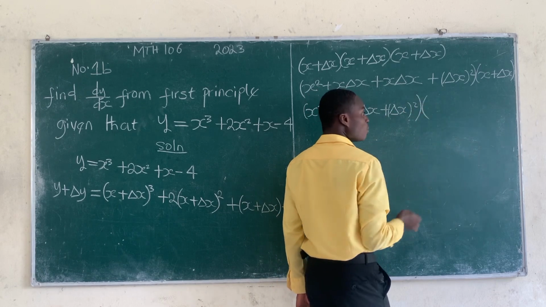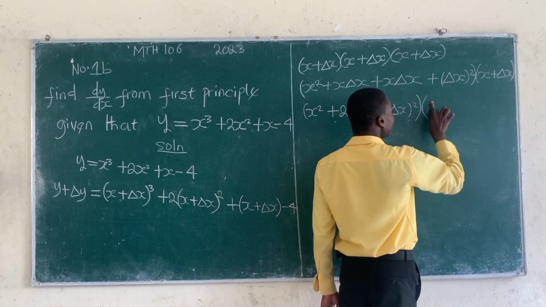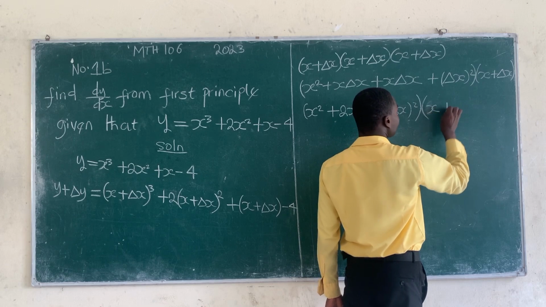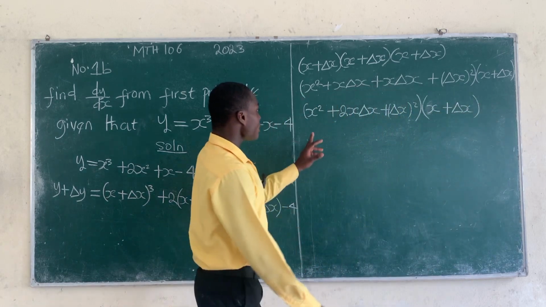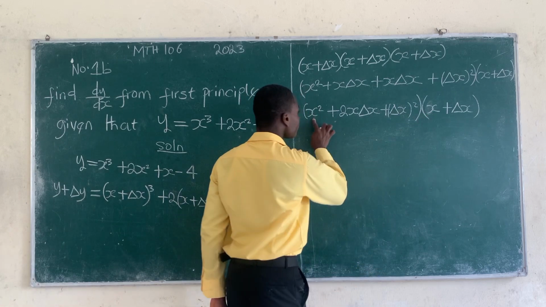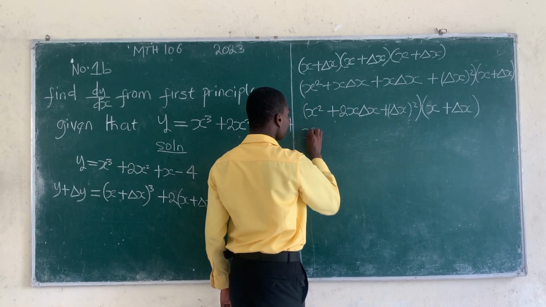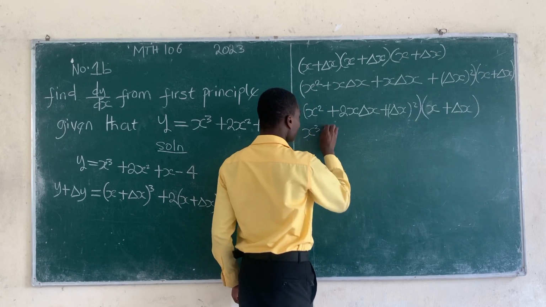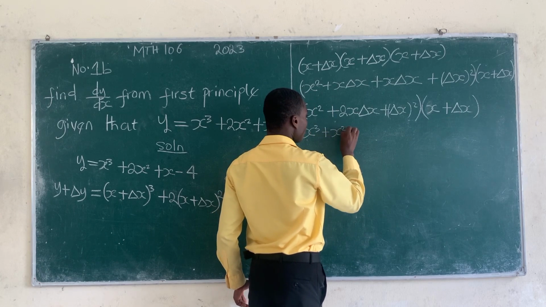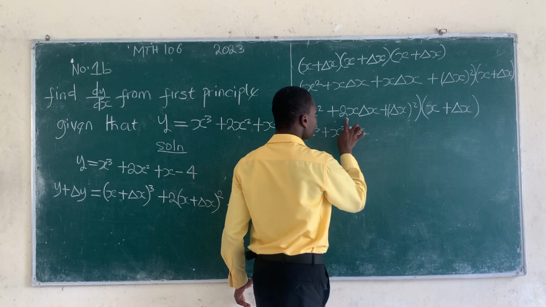The whole of this will multiply x plus increase in x. So let's multiply this out now. X squared times x will give us x cubed. X squared times increase in x will give us x squared increase in x.